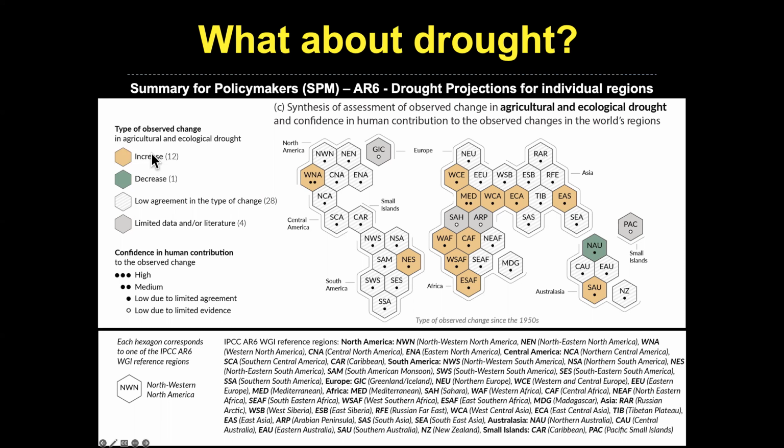The areas that have an increase in drought or a decrease in drought, it's only one of those. But notice how there are far more that have low agreement on the type of change, meaning increase or decrease. It's not really well understood. And notice how the confidence is either low or medium. You don't see a single one where the confidence is high. So that's poorly understood is what I'm trying to get at.